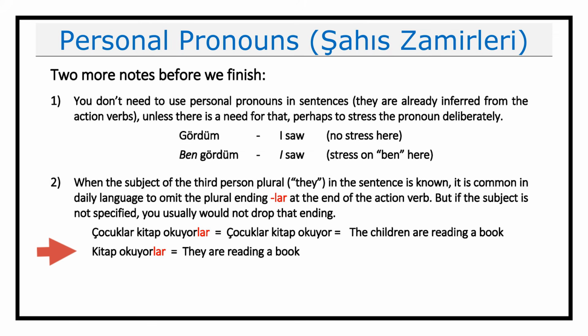So, as long as the subject for the third person plural is known, you can easily drop the ending lar at the end of the action verb. If the subject is not specified, then you have to keep that ending lar, because that is the ending that lets us know you are talking about them.